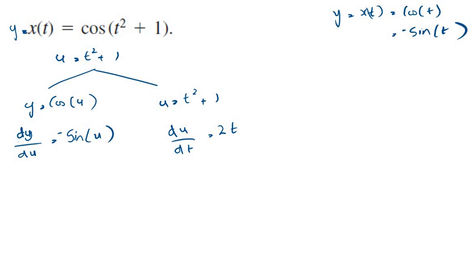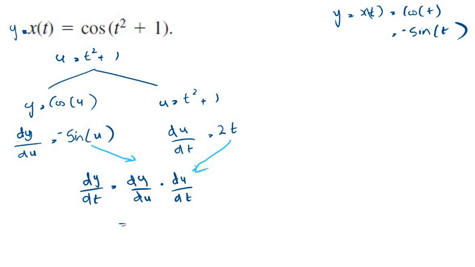So since we were asked to find dy over dt, it can be written as dy over du times du over dt. And we now know dy over du and du over dt. So let's write that again.